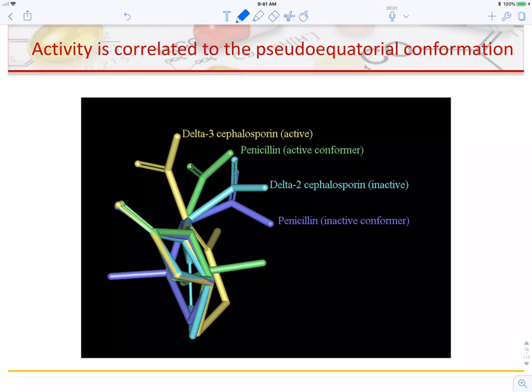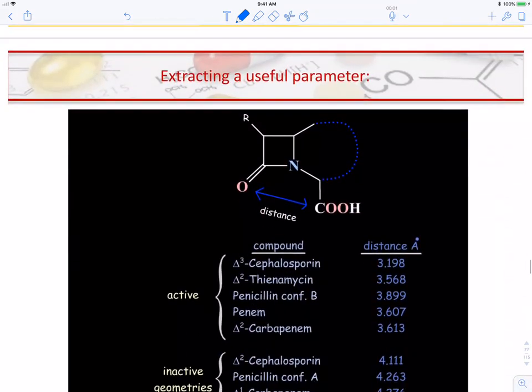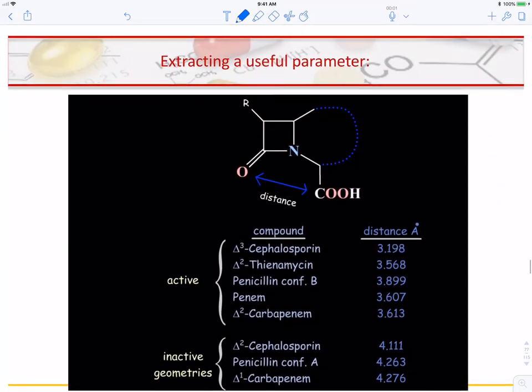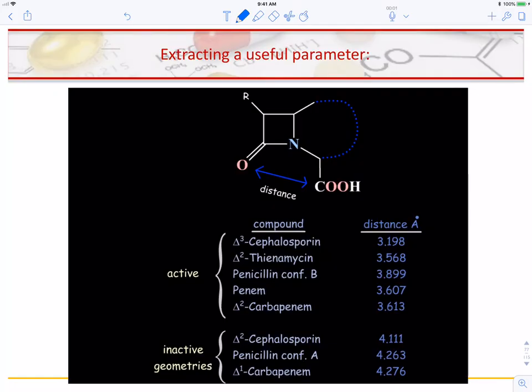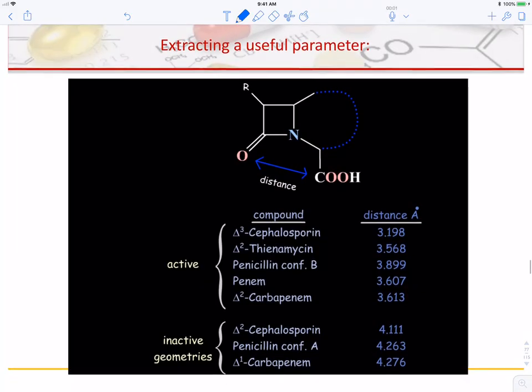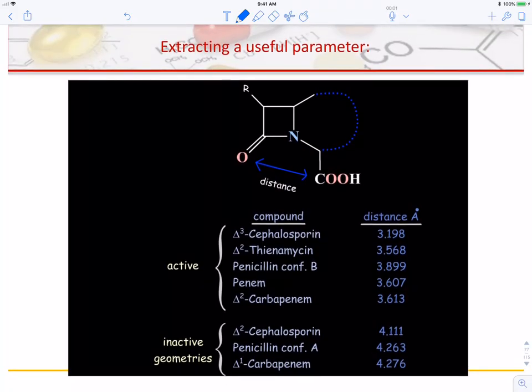So penicillin actually contains an active conformer, which is different from what we've seen before, the inactive conformer, and that is very similar to what we have with the delta 3 conformation. So with that, we can extract a useful parameter that also helps us decide whether or not a penicillin analog or something that contains a beta-lactam ring will be active.